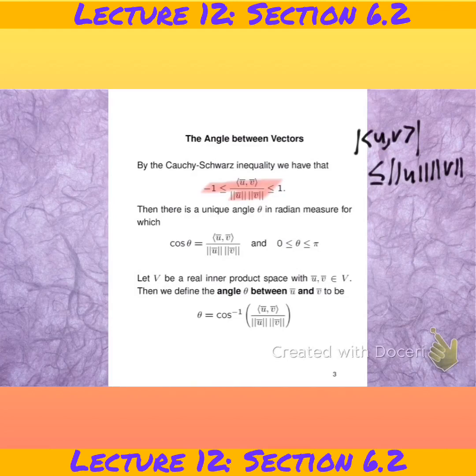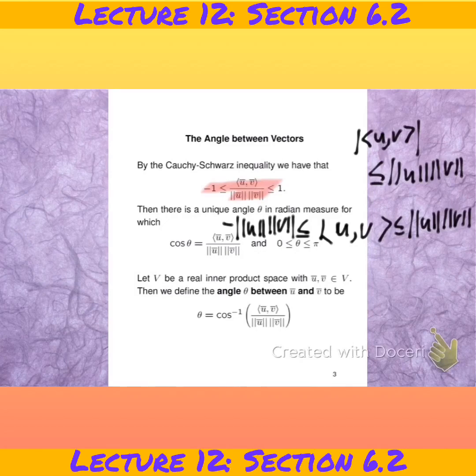Then by the absolute value property we have that the inner product of u with v is at most the norm of u multiplied by the norm of v, and that thing there is at least negative the norm of u, the norm of v.